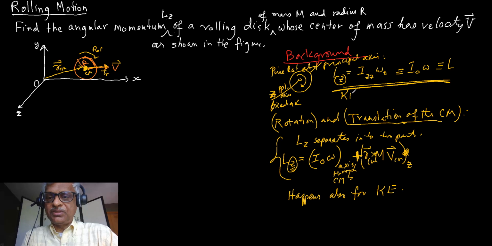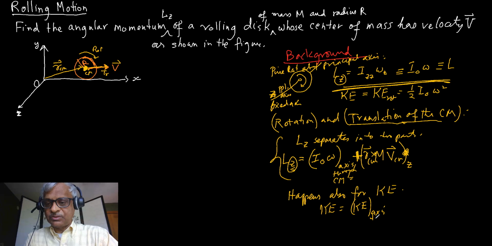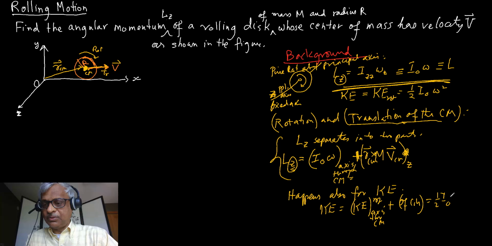The kinetic energy will be the kinetic energy of rotation about the axis through the CM, half I0 omega squared, plus the off-CM motion, half m VCM squared.